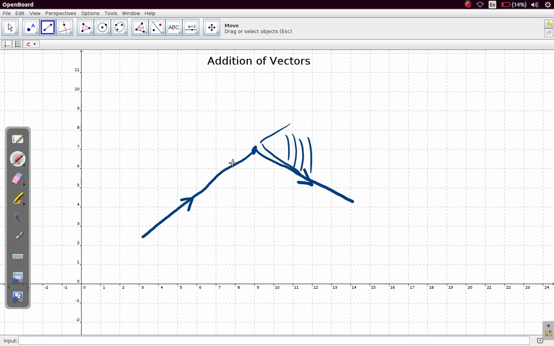Now let us take two vectors, and we're going to add these two vectors. Let's look at the drawing of the vectors first of all. Let me put one vector here.